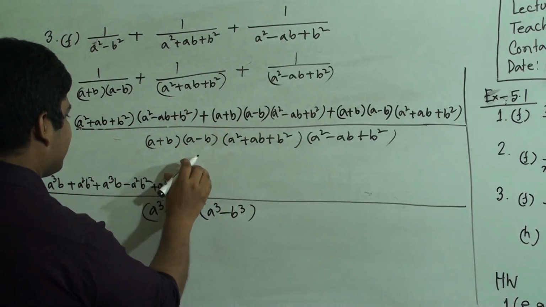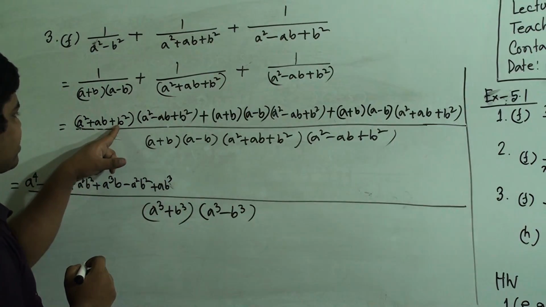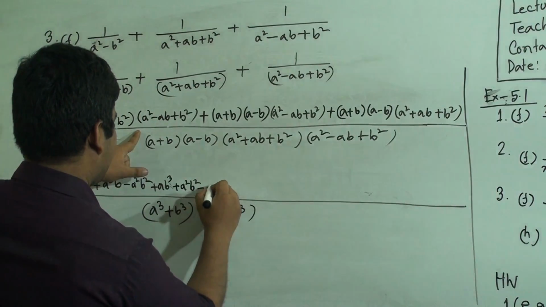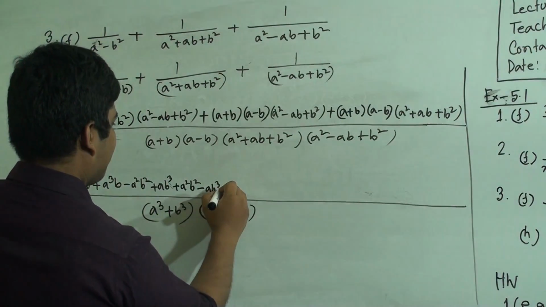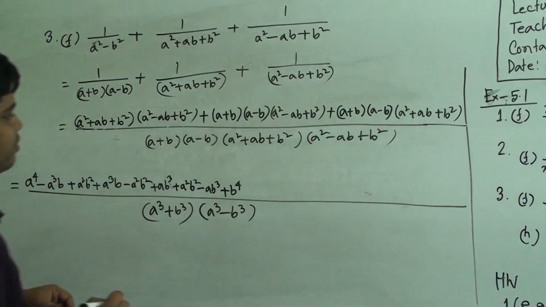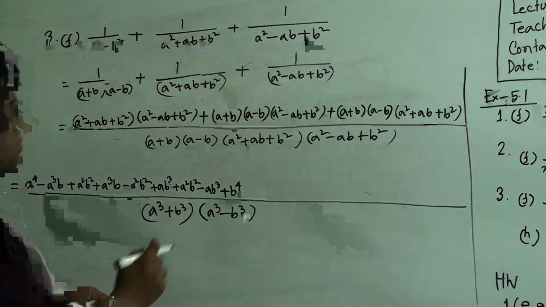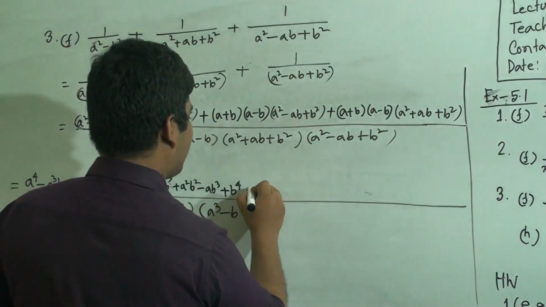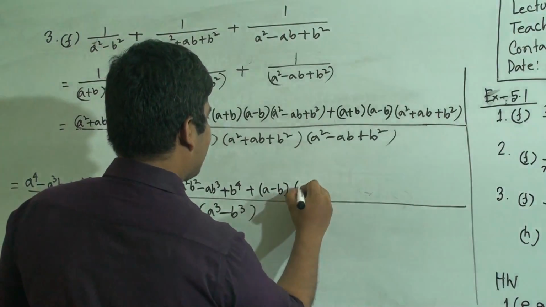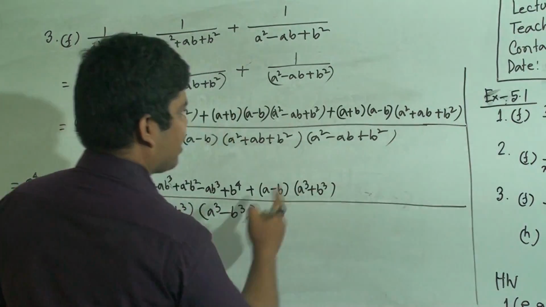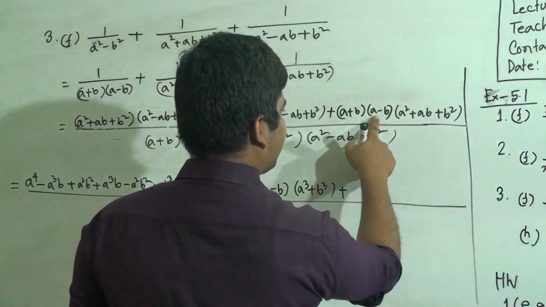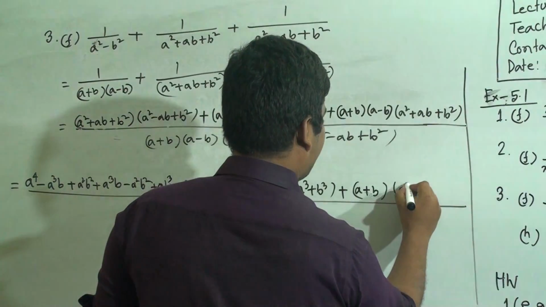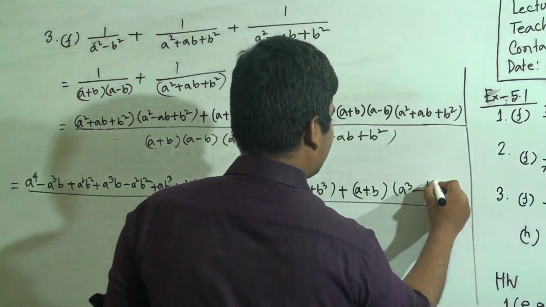Okay, then we multiply b square by this number, that means a square b square minus ab cube plus b to the power 4, right? And last, you notice a plus b into a square minus ab plus b square. So we can write this as the formula of a cube plus b cube. Okay, then same way a minus b into a square plus ab plus b square. This is the formula of a cube minus b cube.